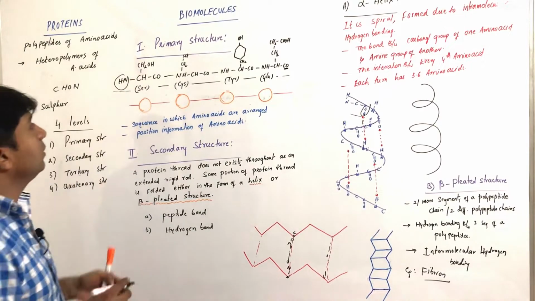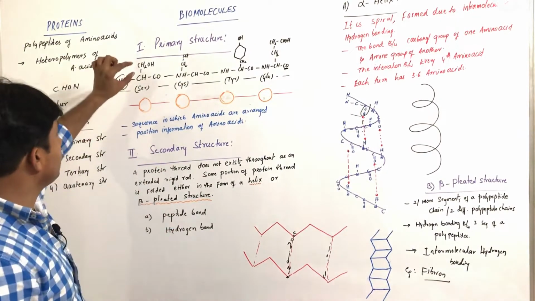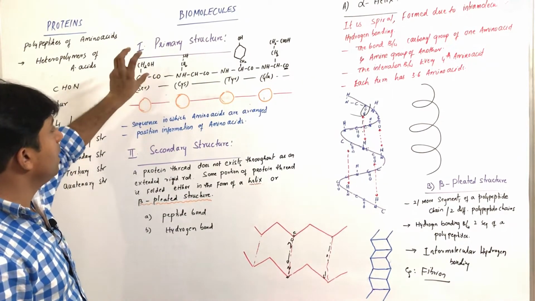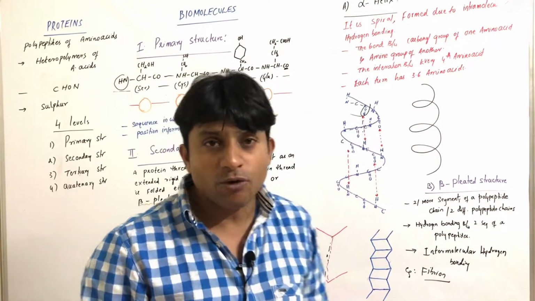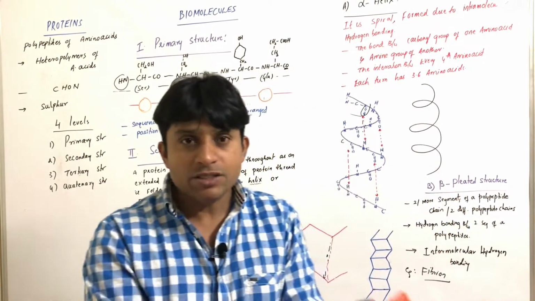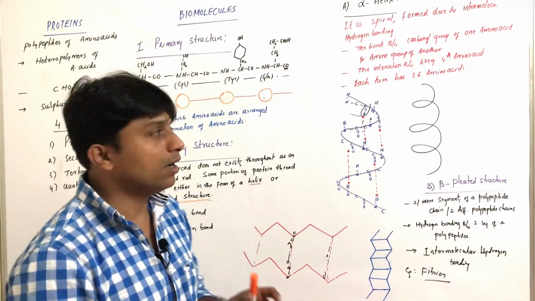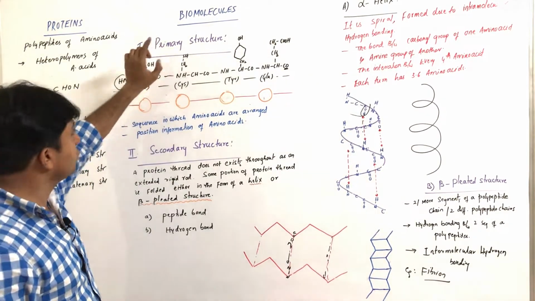So let us find out the first one, primary structure. What is it? Primary structure explains the sequence of amino acids that are arranged in a polypeptide chain of proteins. That means what is the first amino acid, second amino acid and so on. This sequence is explained in the primary structure.